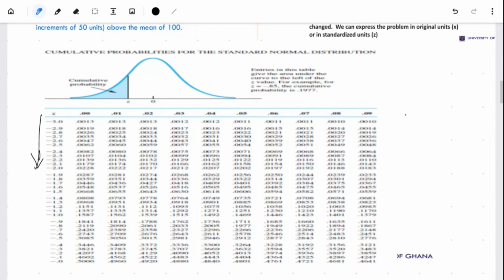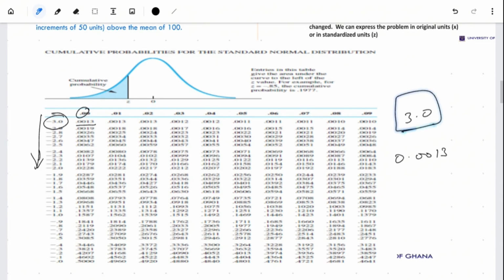So assuming we had 3.0, but we want to find it from negative 3.0. So here is our negative 3.0, which will give us 0.0013, right? But the Z value was positive 3, not negative 3.